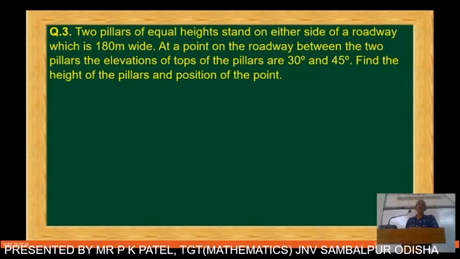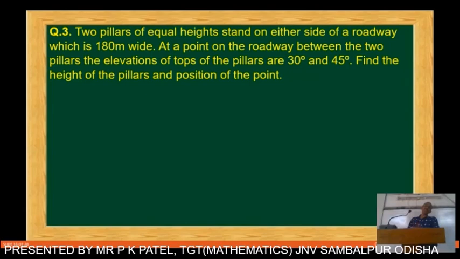Two pillars of equal heights stand on either side of a roadway which is 180 meters wide. At a point on the roadway between the two pillars, the angles of elevation of the tops of the pillars are 30 degrees and 45 degrees. Find the height of the pillar and the position of the point.